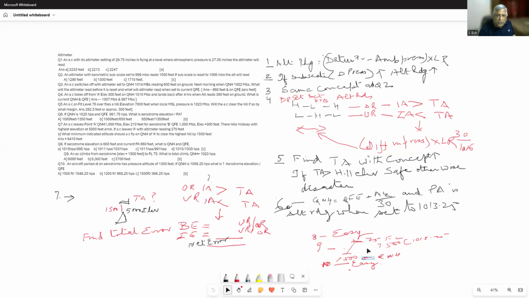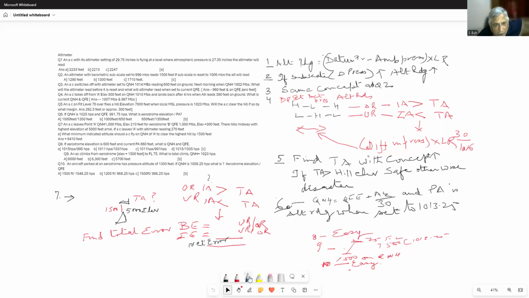Bring these two readings to the same datum point. Either find out what will the altimeter read if I set the QNH here, or what will the altimeter read if I set 1013.25 while setting heading or setting course. And then the difference between these two will be your total climb which you have done.